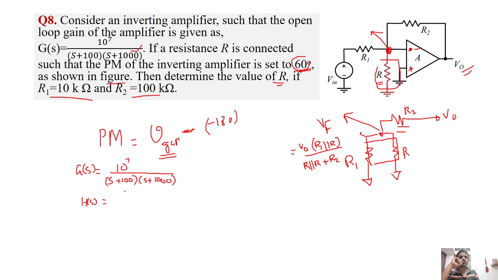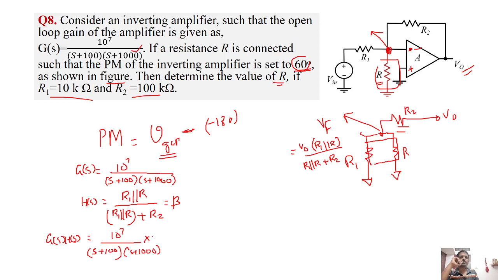H of S equal to this ratio, which I will call some beta. So what is the loop gain? G of S into H of S equal to 10 power 7 by (S plus 100) into (S plus 1000), into some beta.